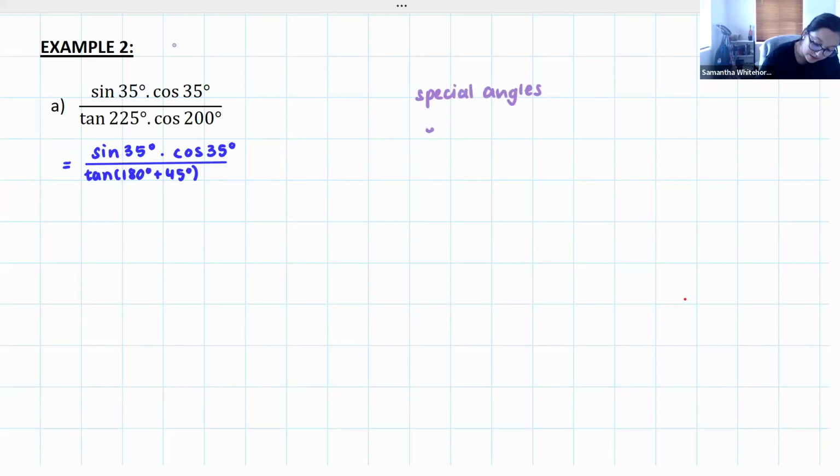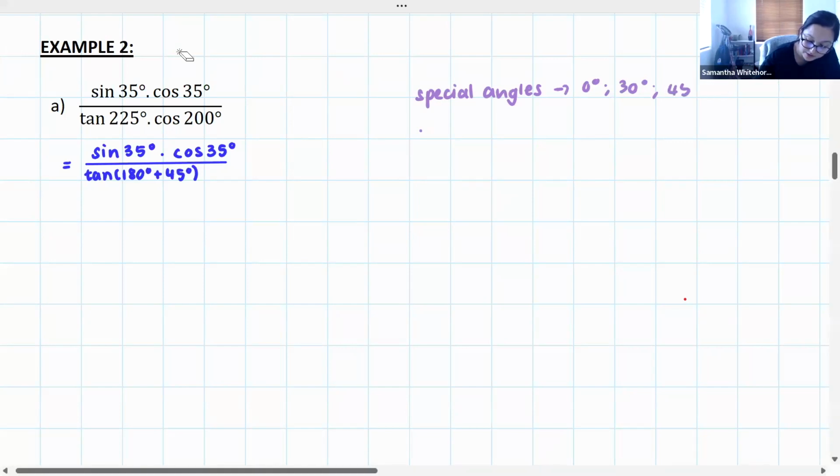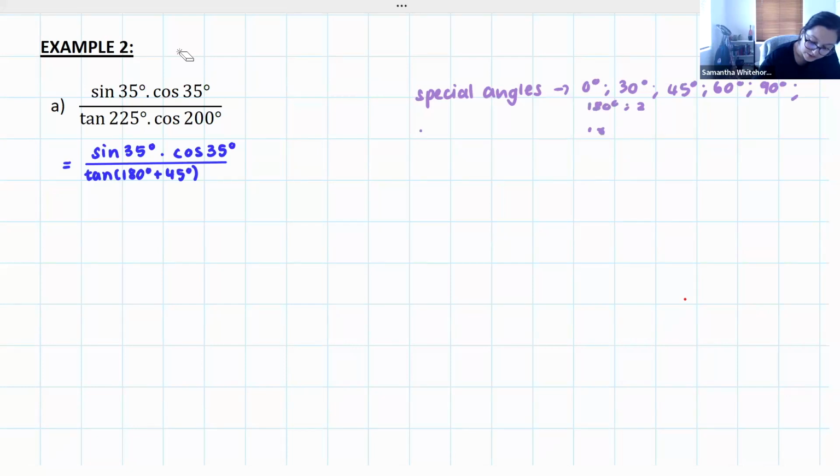are 0 degrees, 30 degrees, 60 degrees, 90 degrees, 180, 270, and 360, and of course 45 degrees.